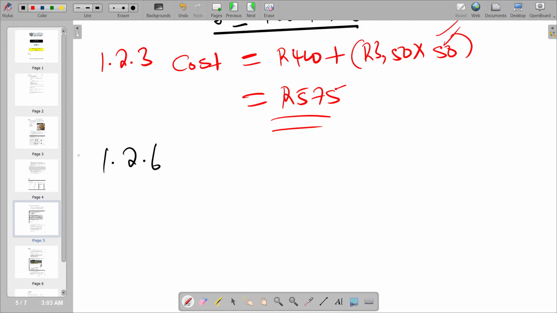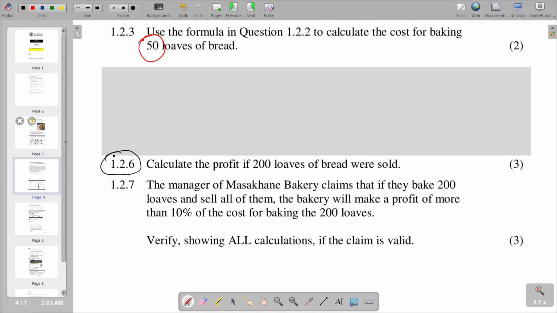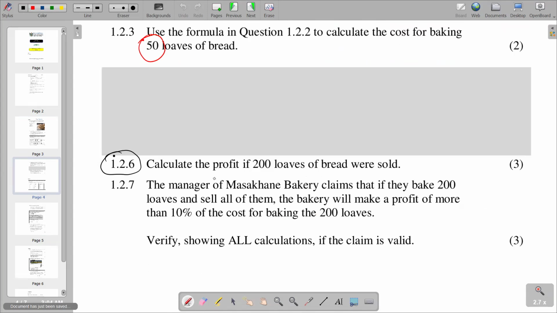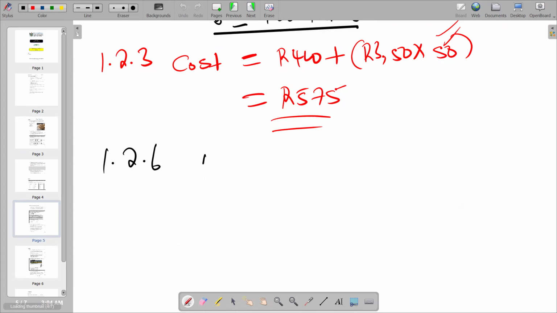And then to get the total income, we say 6 rand times the number of loaves. So basically we are saying the number of loaves that we are given is 200. So we are saying 6 rand times 200, and you get the total income. The income that is for 200 loaves.